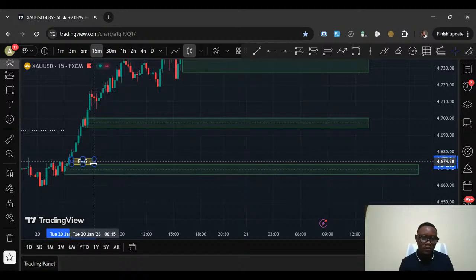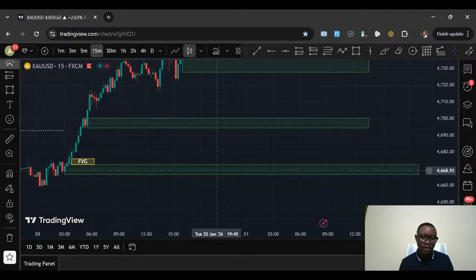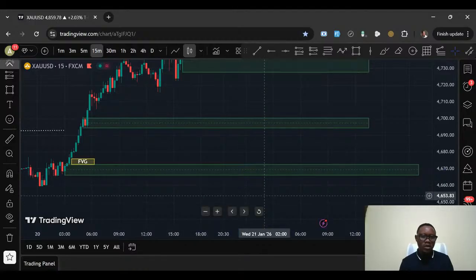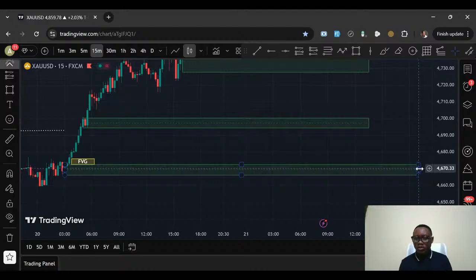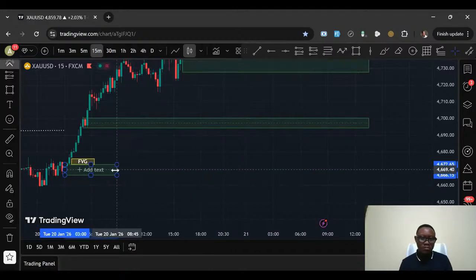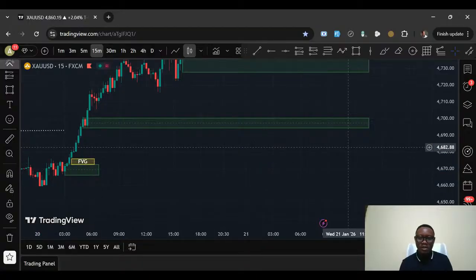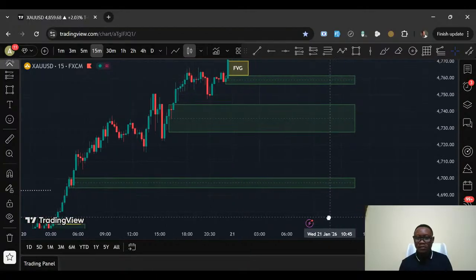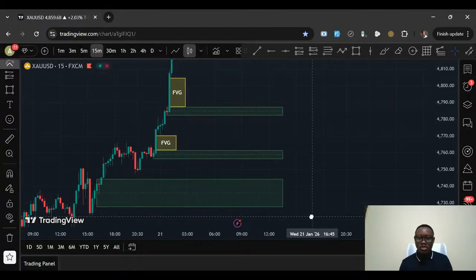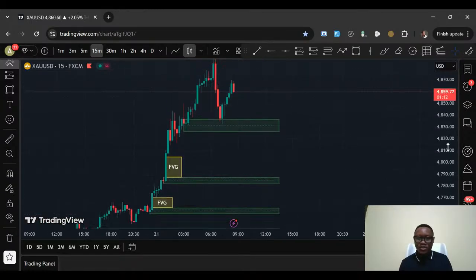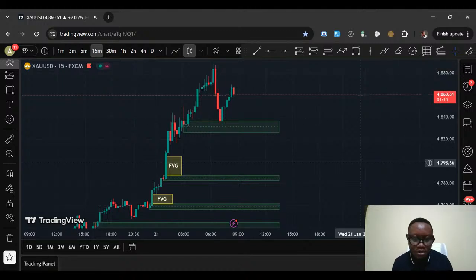So we have this and this. Perfect. But I'm going to minimize this because I don't think price is coming down here anytime soon. Let's keep it there for reference purpose. So this is the most recent structure that we are anticipating price to get to, so we can at least print some dollars.